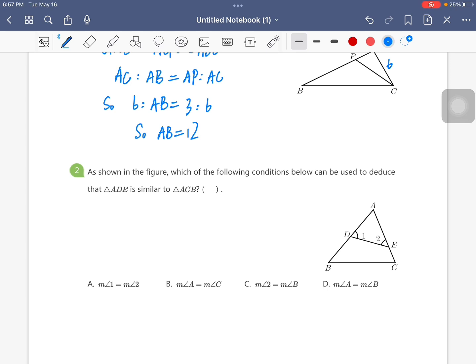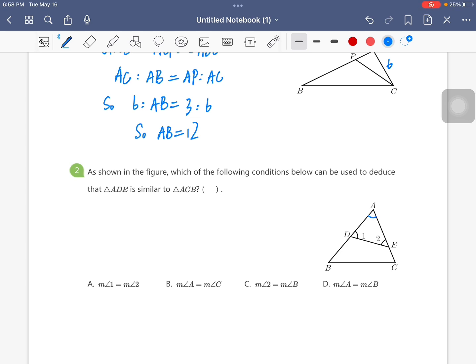Here, angle A belongs to triangle ADE, and it also belongs to triangle ACB. If 2 pairs of corresponding angles are equal to each other, then the 2 triangles are similar. So we only need another pair of corresponding angles to be equal.